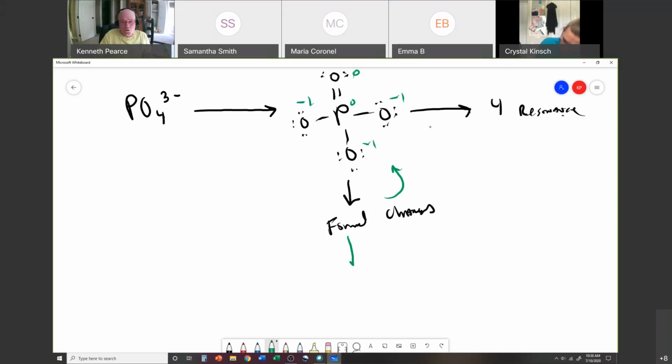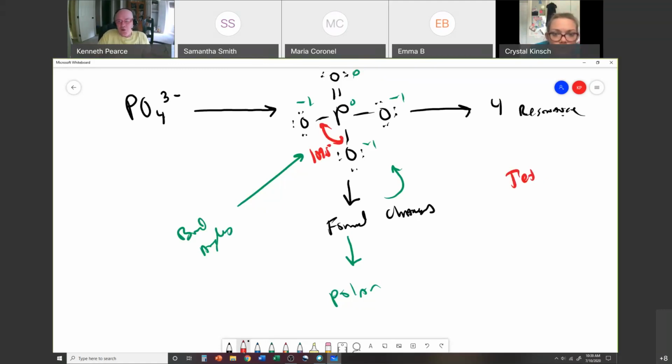You should also be able to say this thing is very polar. And you should be able to say what the bond angles are. The bond angles on this are approximately 109, because it is tetrahedral.